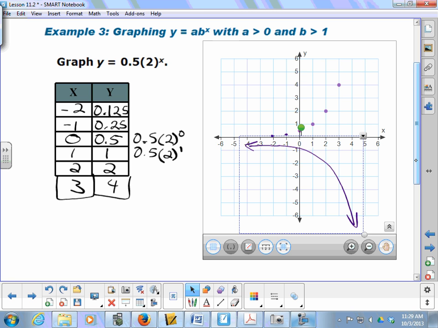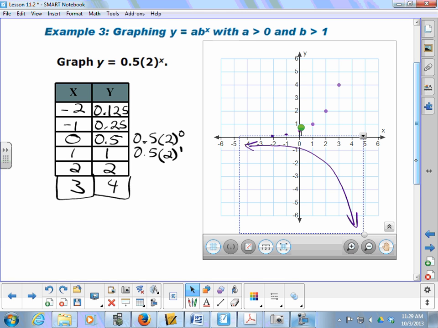Okay? Instead of it going up, because all those values were positive, now I'm going to make them all negative, so it's going to go down. Okay? So when we change a from positive to negative, instead of going up, it's going to go down.